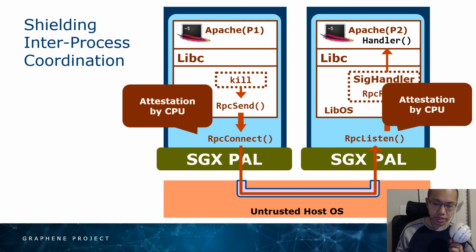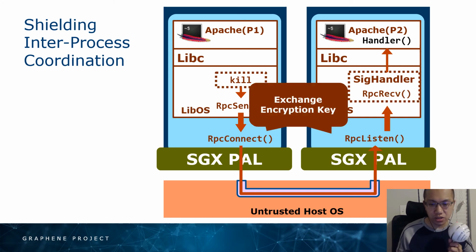Then once they verify each other's attestations, they can use cryptographic techniques to exchange the encryption key and create end-to-end encrypted channels. In this case, whatever messages are sent from one enclave to another enclave inside the same instance will not be tampered with or faked by the untrusted host operating system.